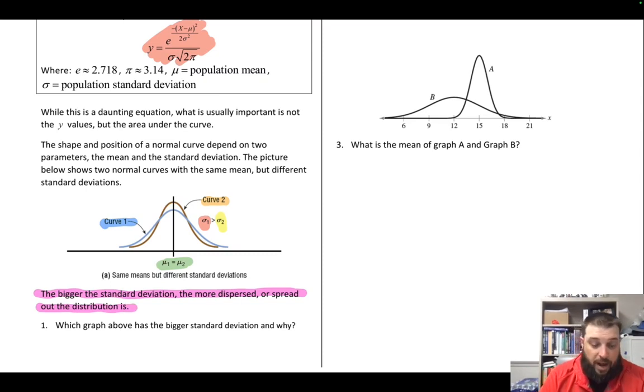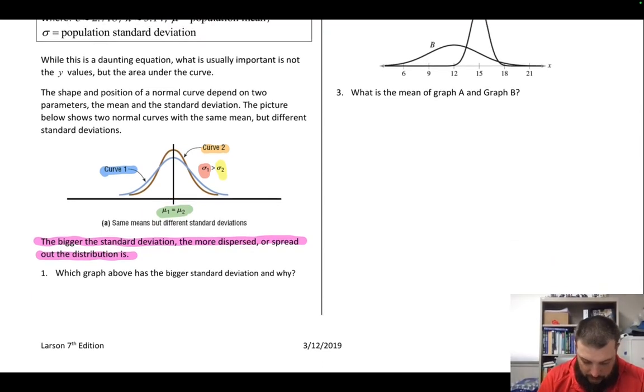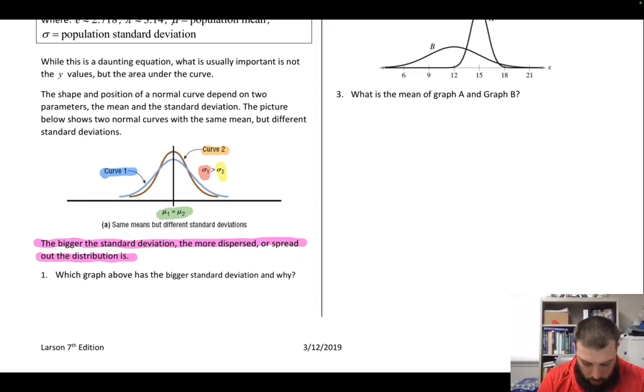As we're looking at ideas and comparing graphs. So one, which graph above has a bigger standard deviation and why? Well, we talked about that already. It is curve 1. It's given to us, so we'll state that obvious there.